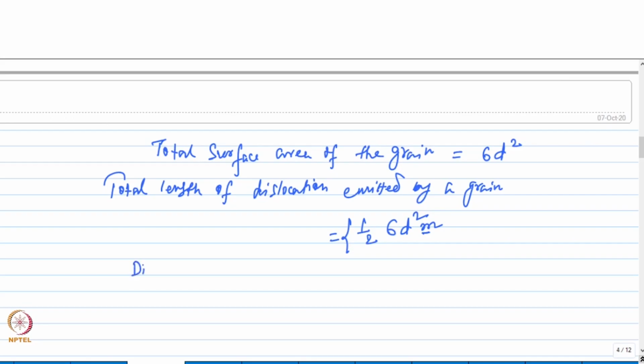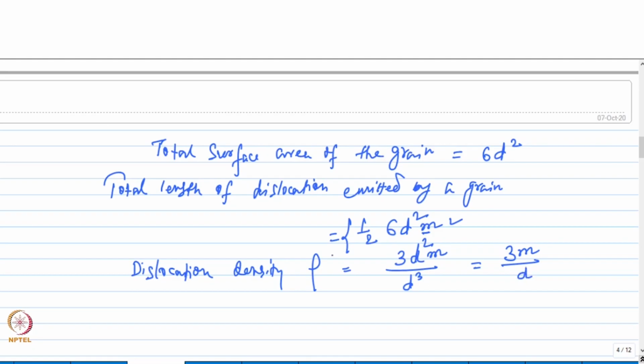So therefore we can write dislocation density rho as this one, that is 3d square M divided by the volume of the grain, that is d cube, and this will give you 3M by d as the dislocation density, okay?